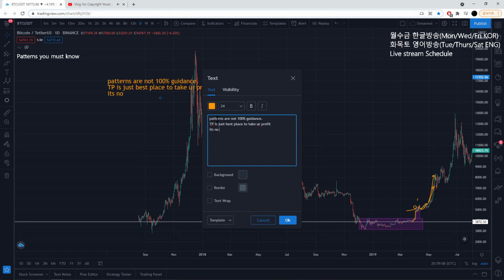It's not the point where the trend will finish. The trend might keep going. And using Elliott wave theory with patterns will be much better, and check volumes.